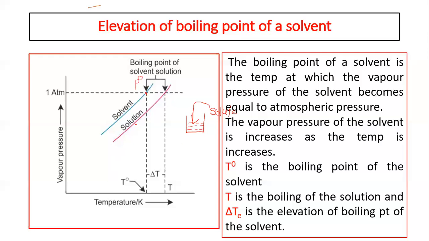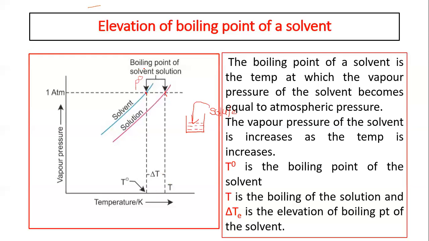Therefore to boil that solution more temperature will be required and the solution boils at a higher temperature. So at this vapor pressure the boiling point of the solution is T. Now the difference between these two, boiling point of the solution and boiling point of the solvent, is called elevation of boiling point.